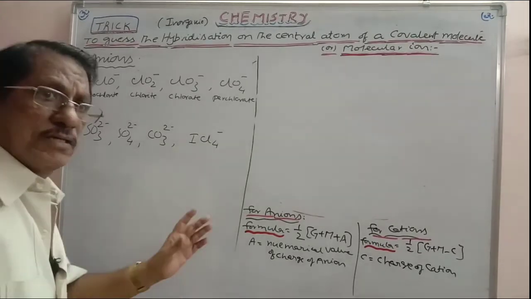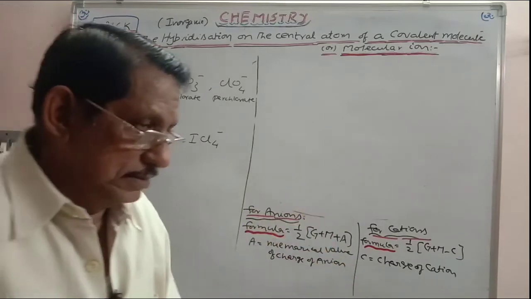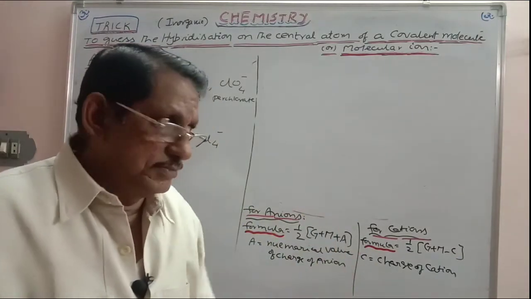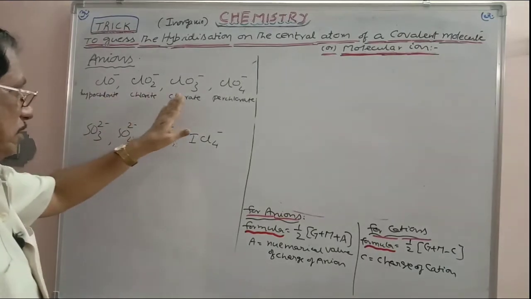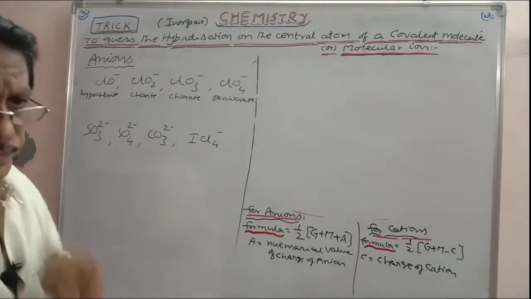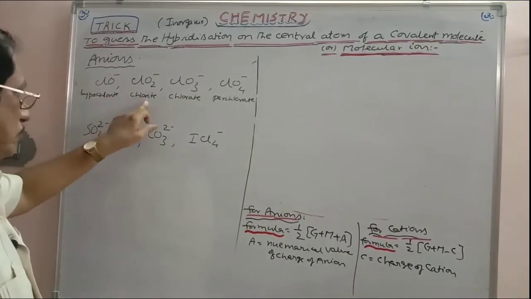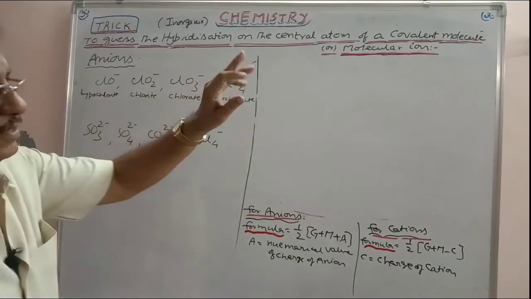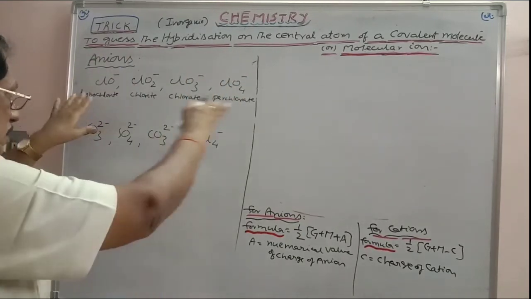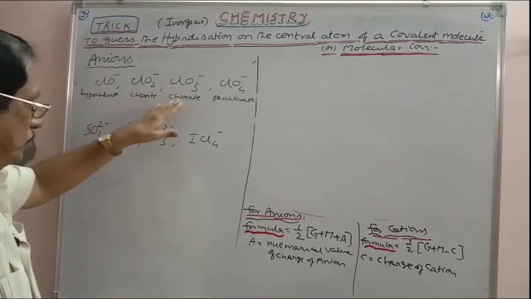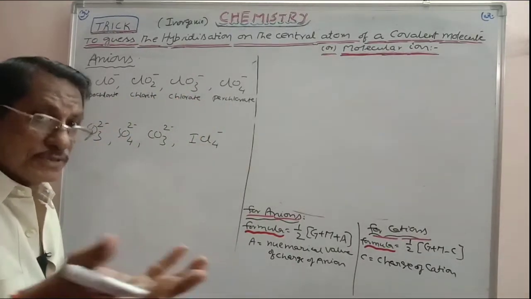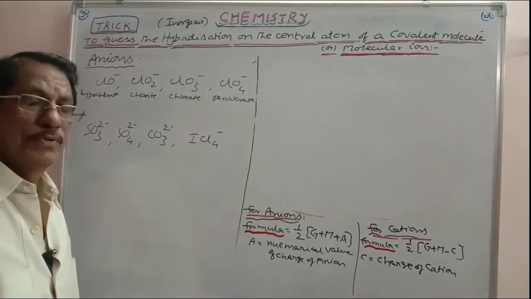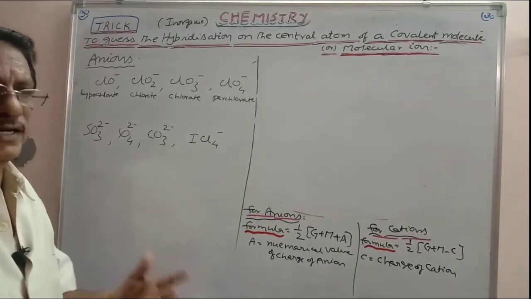Now let us consider some anions and their hybridization on the central atom in the case of anions also. First of all, we will consider the oxyanions of chlorine, ClO minus, ClO2 minus, ClO3 minus, ClO4 minus. In all these anions, hypochlorite, chlorite, chlorate, perchlorate, the central atom is chlorine, surrounding atoms are oxygens. Peculiarity: surrounding atoms are not monovalent.